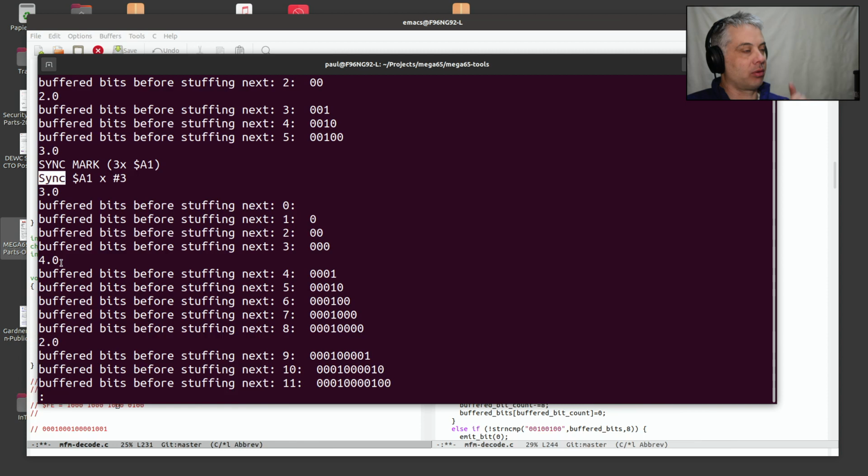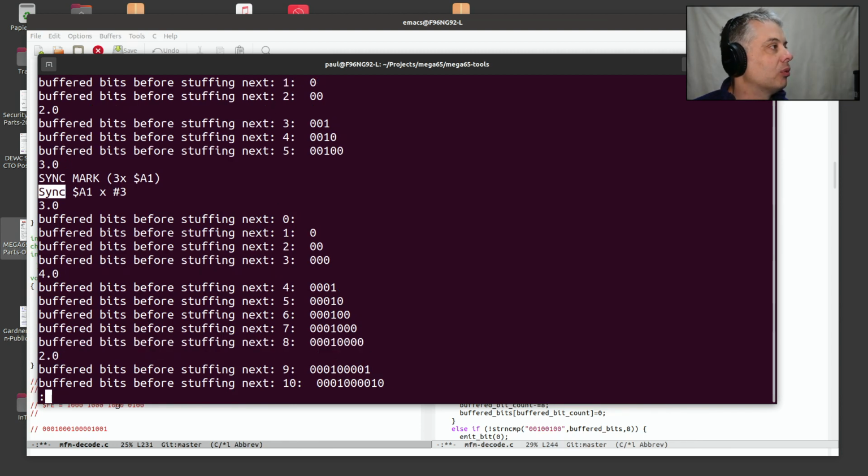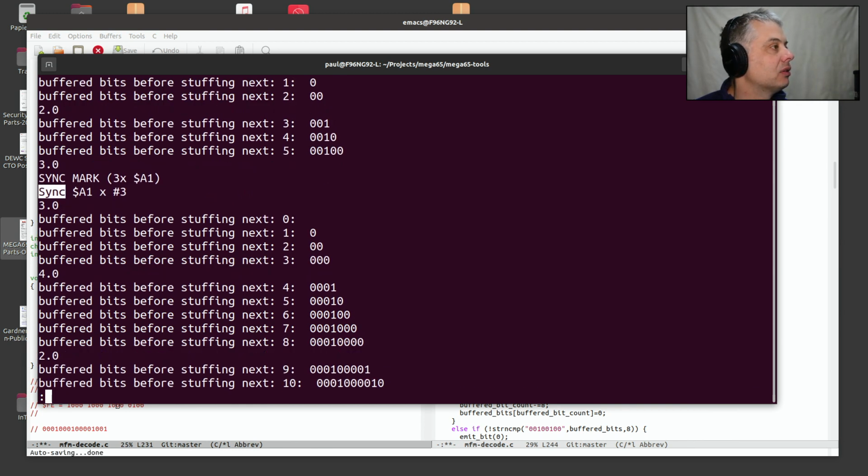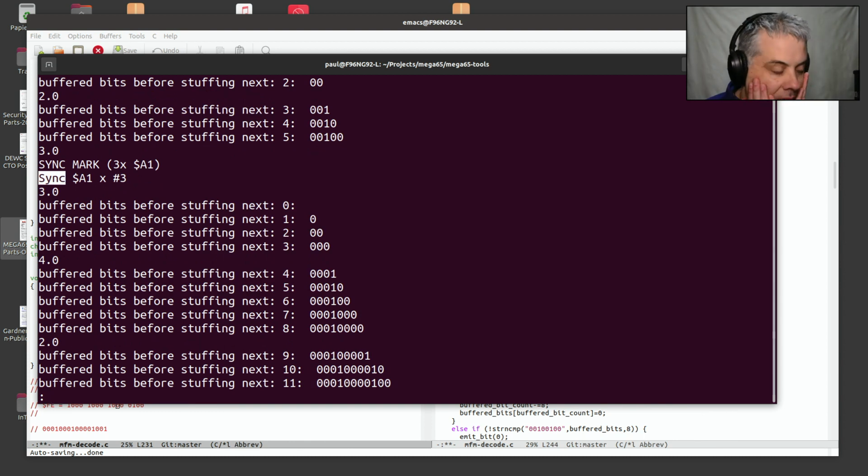Cool. So it's just our decoder code here that's stuffing up. So we should be seeing the one at the end. God, I have to get my head around exactly what's going on here, right? So when we find the sync, we've got a gap of a 7 and a gap of 2.